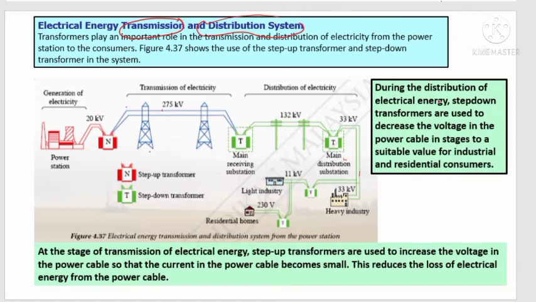During distribution of electrical energy, step-down transformers are used to decrease voltage in the power cable in stages to a suitable value for industrial and residential consumers. You can see here, this one is a step-up transformer from the power plant to the transmission cable, and then here all are step-down transformers.